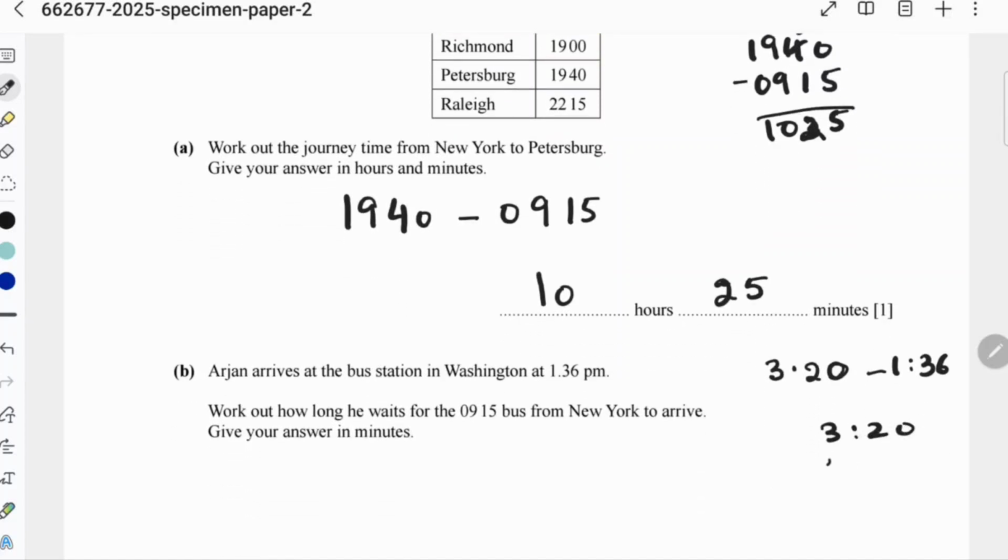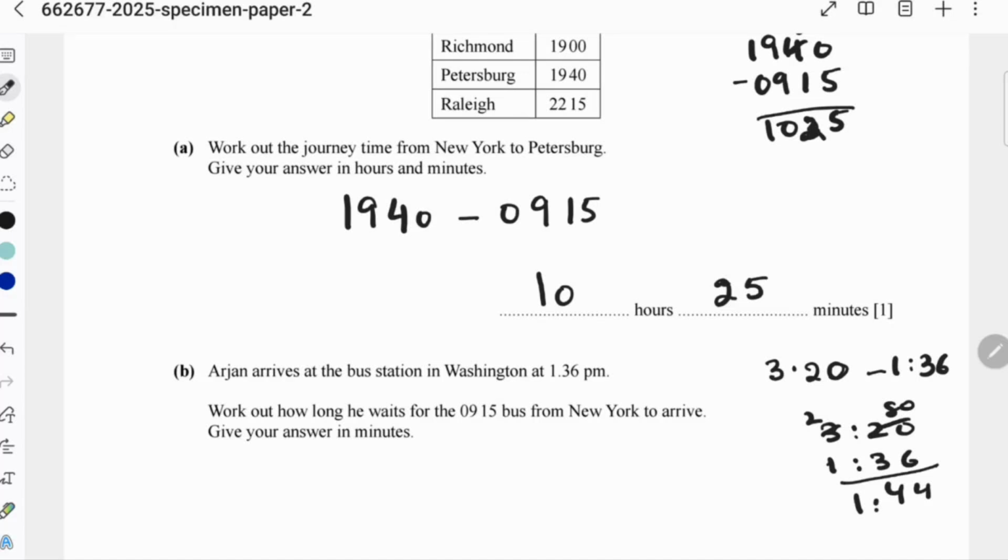3:20 minus 1:36 p.m., if we borrow 1 hour, it means that the 20 will become 80. It means that 80 and 36 we are going to subtract. So that will become 44.